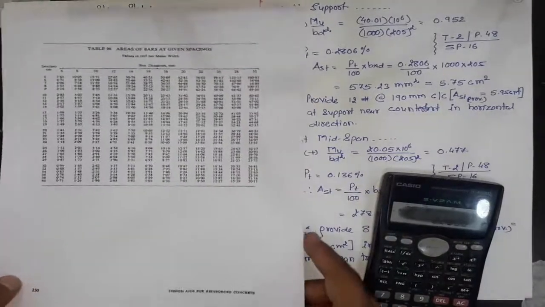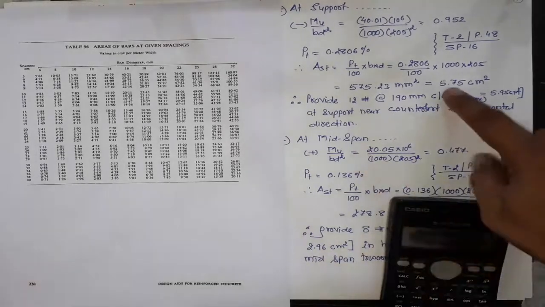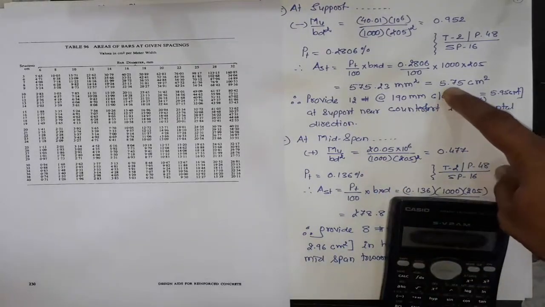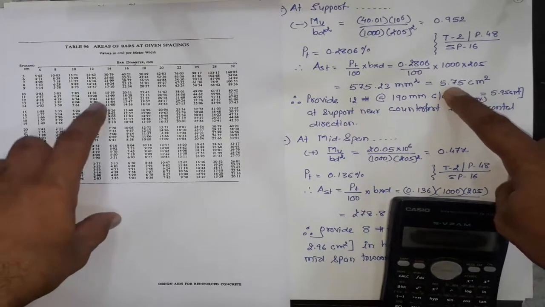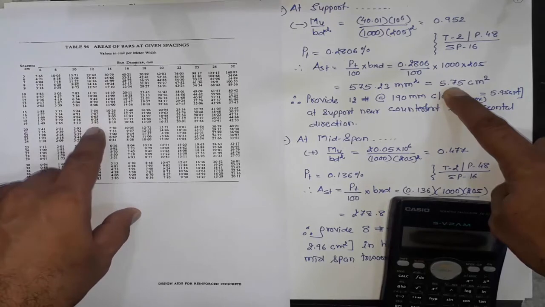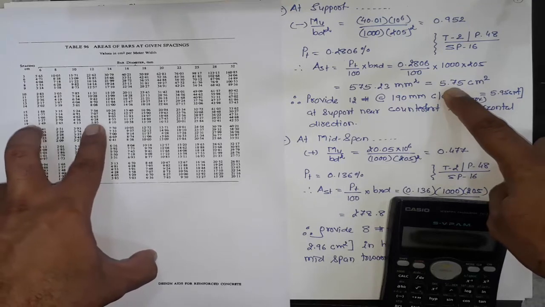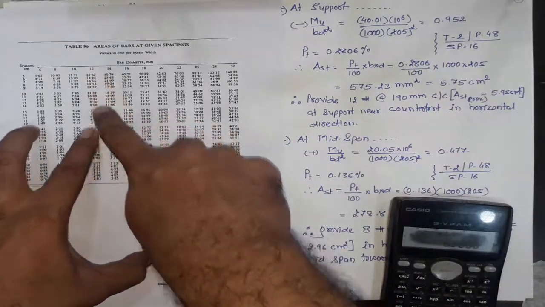table number 96, page number 230. Our required targeted area is 5.75 centimeter square. For 12 mm reinforcement, a little higher than 5.75 centimeter square will be somewhere about 19 centimeter. This is 12 mm reinforcement.